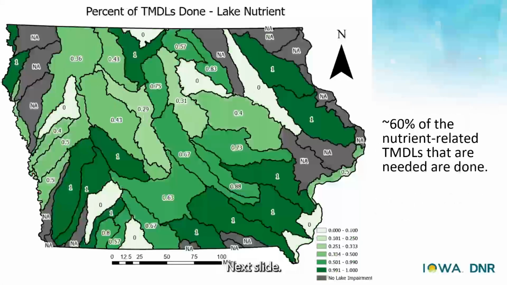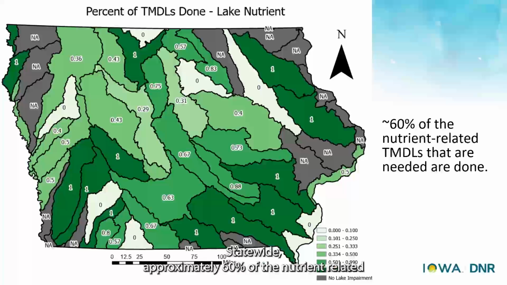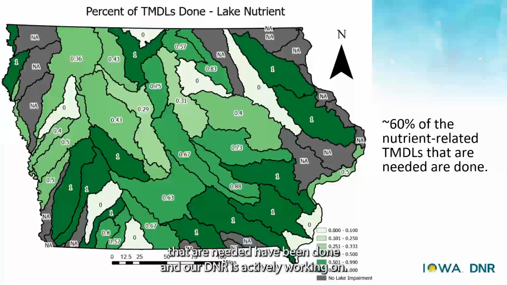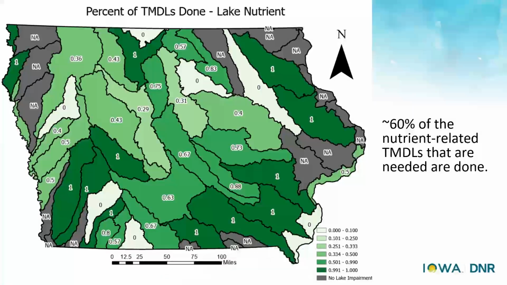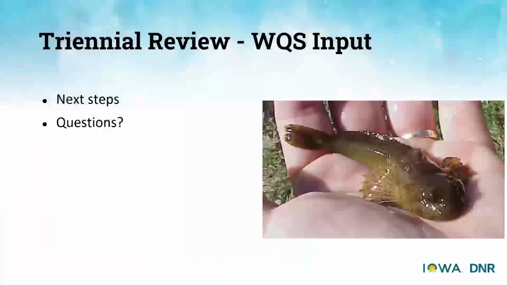Next slide. So to look at it on a percentage basis, statewide, approximately 60% of the nutrient-related TMDLs for lakes, shallow lakes, wetlands, and reservoirs that are needed have been done. And the Iowa DNR is actively working on TMDLs with the goal of getting that number up to 100%. Next slide.